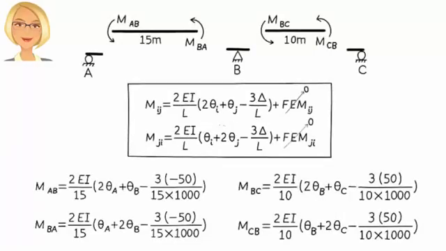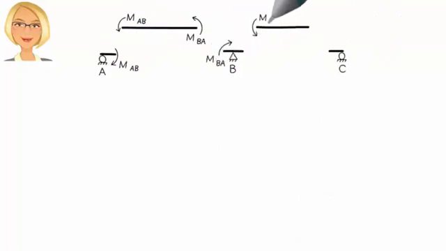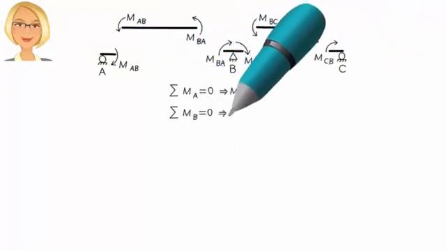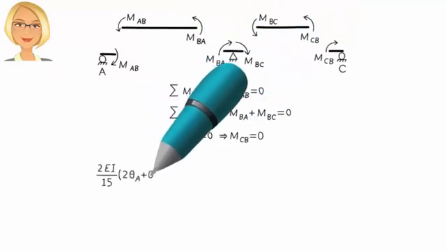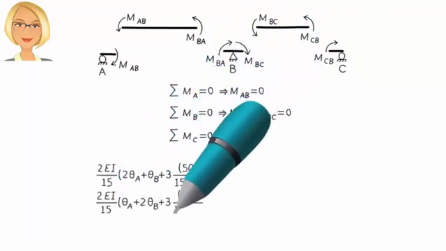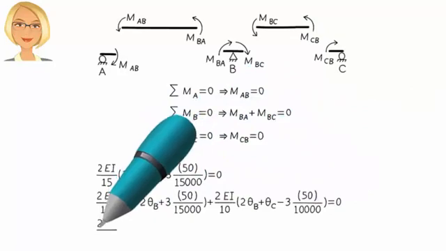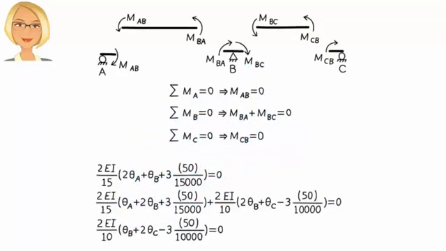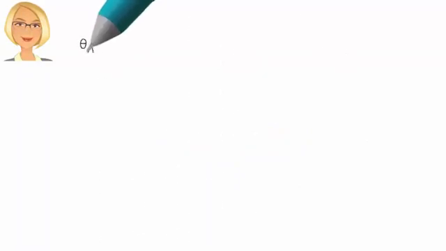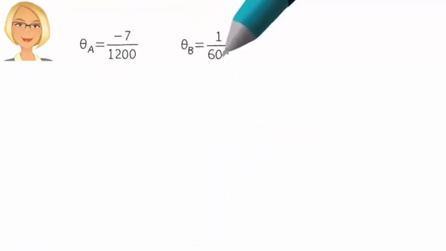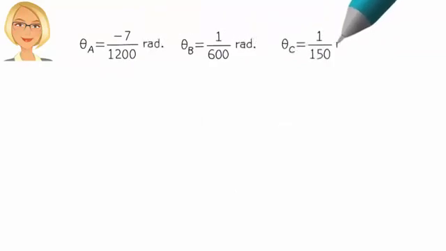Back to our problem. Now we can write the joint equilibrium equations and solve them for the unknown rotations. The equations are, when solved for theta A, theta B, and theta C, we get, now, we substitute the rotation values in the slope deflection equations in order to determine member end moments.